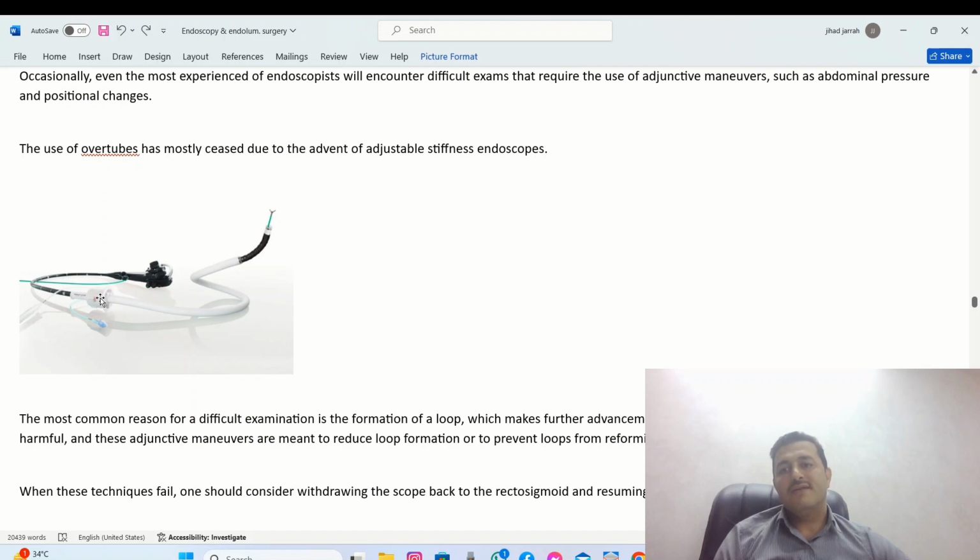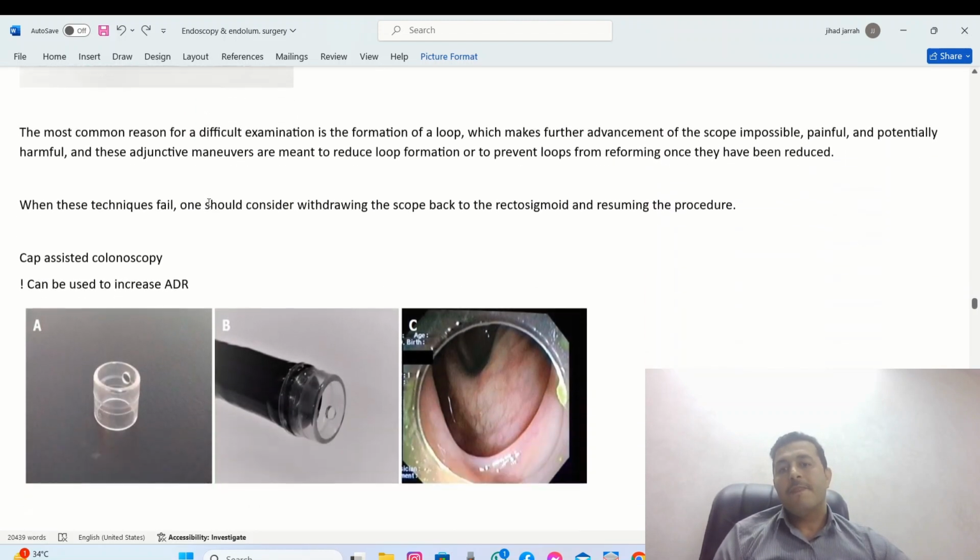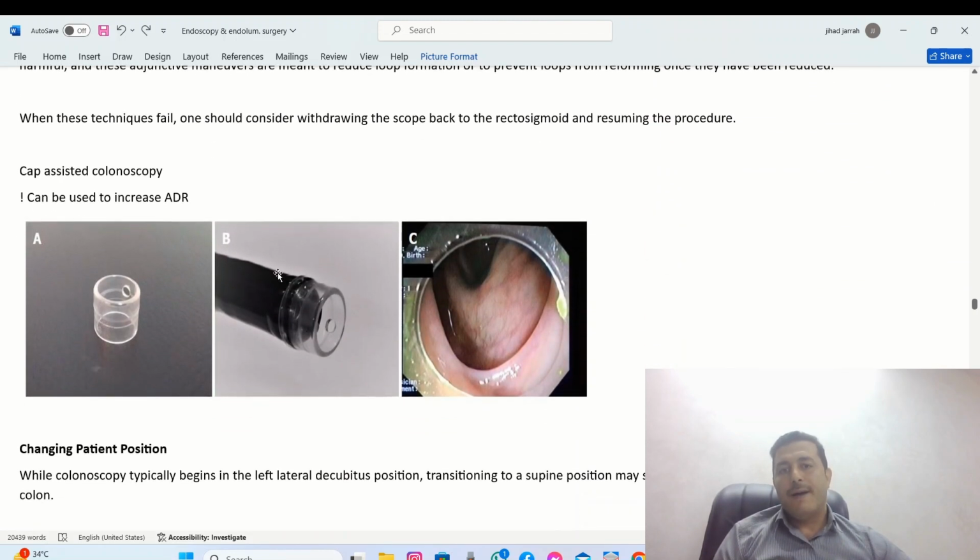We can insert it, but of course with the advent of the stiffness control we talked about, we can control the stiffness of the colonoscope, so its need is not that important nowadays.